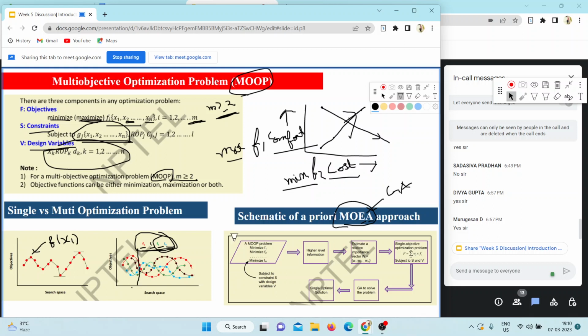So what we do in this multi-objective evolutionary algorithm, these are our objective functions. You can see more than one objective function, f1, f2 till fn. So whatever data we get, we will call it higher level information.